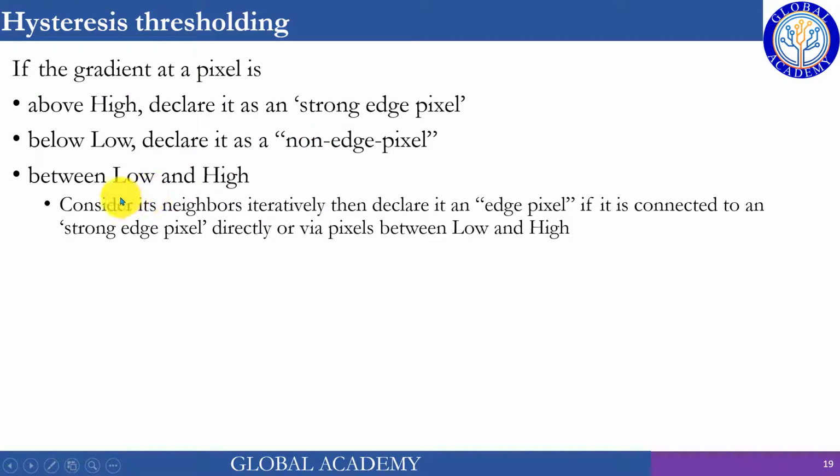But if it's between low and high, then we check its connectivity with other pixels in all directions. If it's connected with a strong pixel, then we retain that value which is between the low and high threshold. That's called hysteresis thresholding.